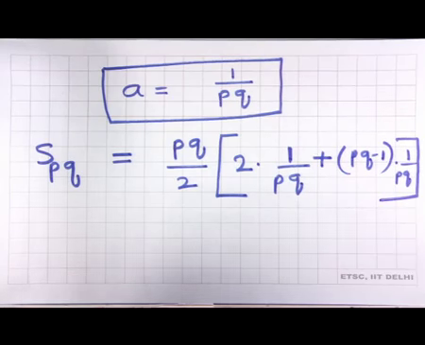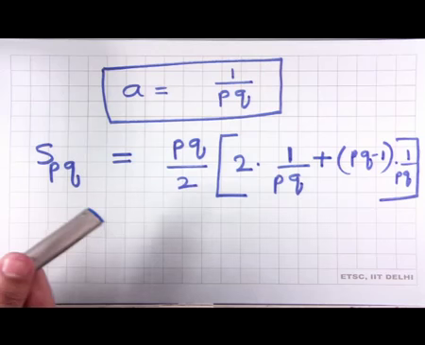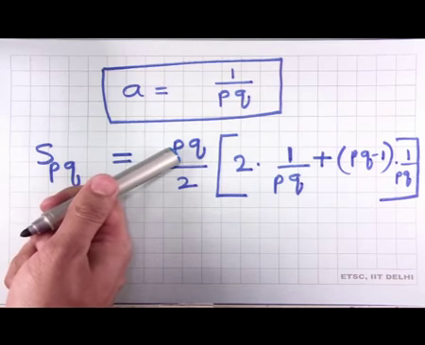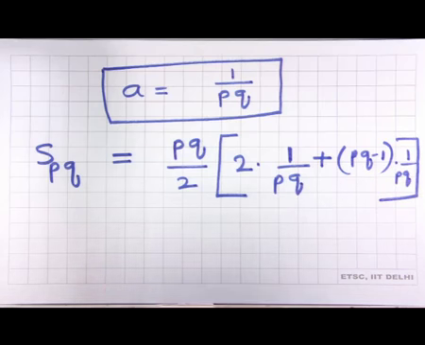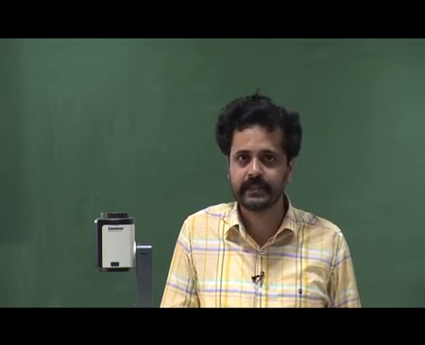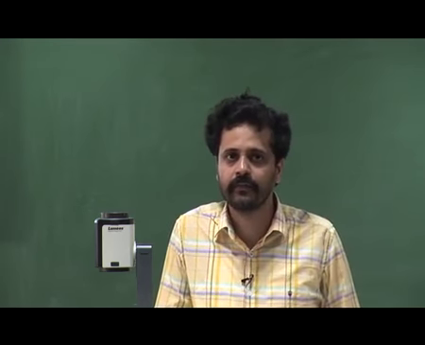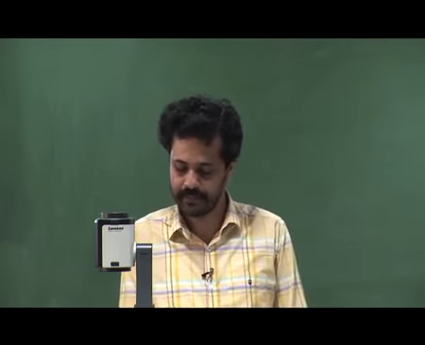This is obtained by plugging n equal to PQ, A equal to 1 by PQ and D equal to 1 by PQ in the formula for sum of first n terms of arithmetic progression.